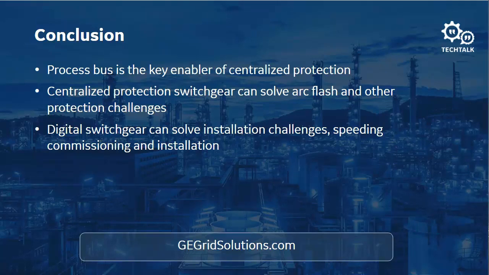Next question I see here is, how many zones can be accommodated with the B90? With a traditional B90 relay, we can accommodate up to 6 zones of protection. Okay, yep, so here's a question. Do merging units require a separate GPS?